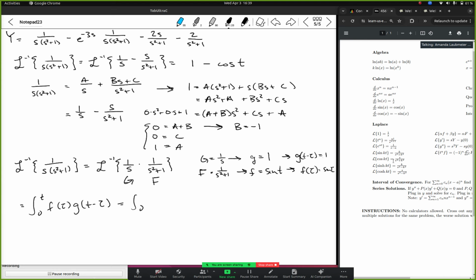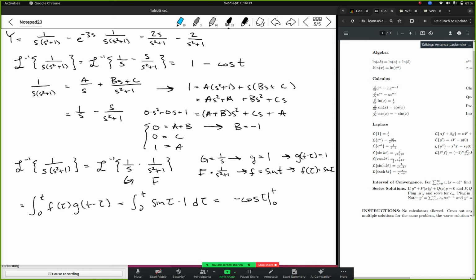So it's just going to be integral from 0 to t. F of tau is sine tau. g of t minus tau is 1, d tau. So I just have to integrate sine, which gives me minus cosine tau, evaluated from 0 to t.